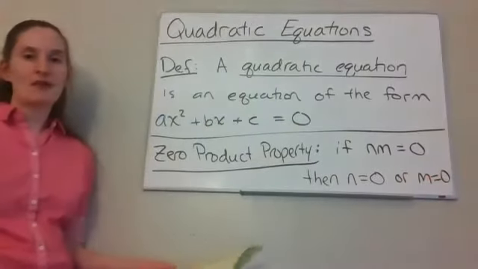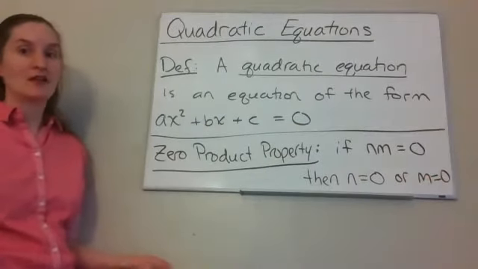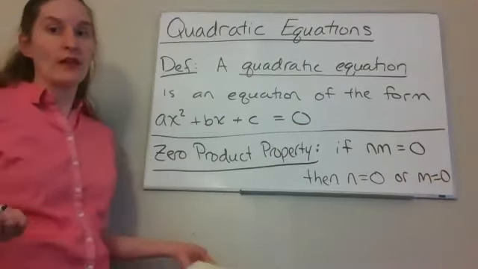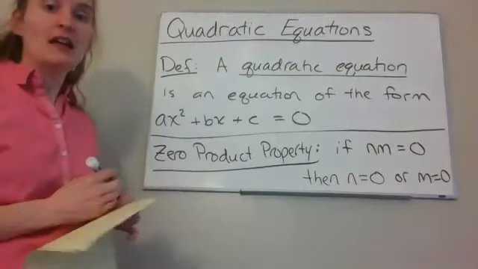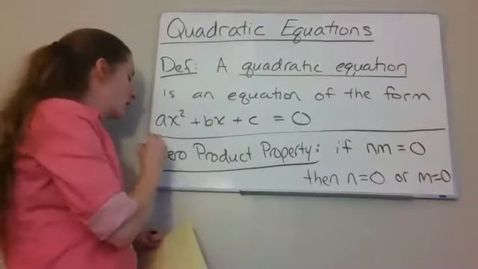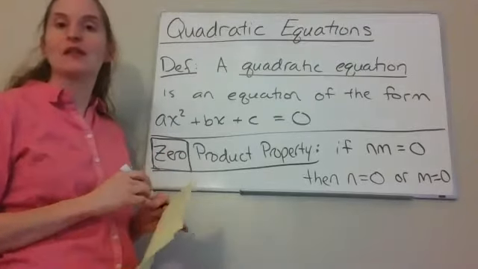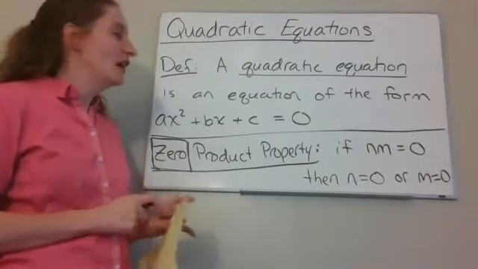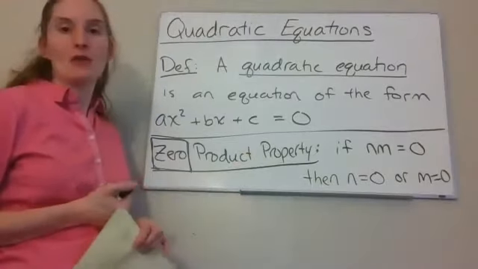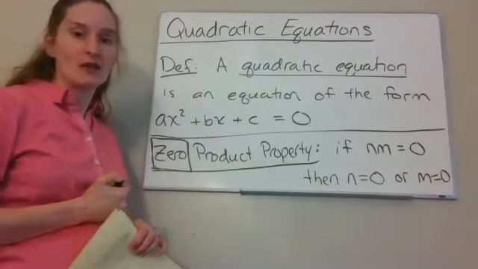This just says that if you have two things multiplying together and you get 0, then one of the things has to be 0. It is very important to note that this property only works when it's set equal to 0. It's the zero product property. If you don't have a 0 on one side of the equation, you cannot use this property.